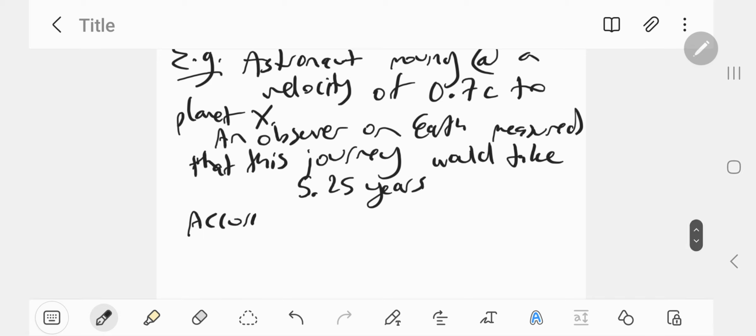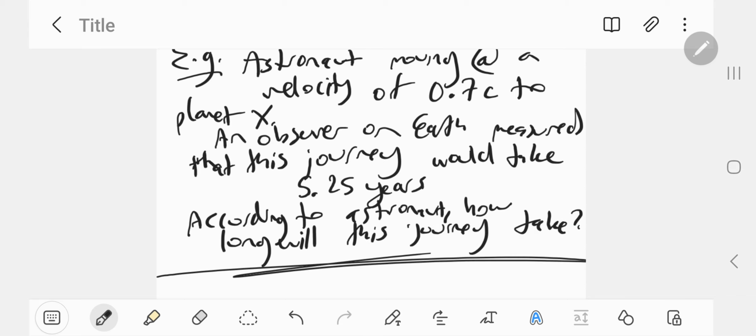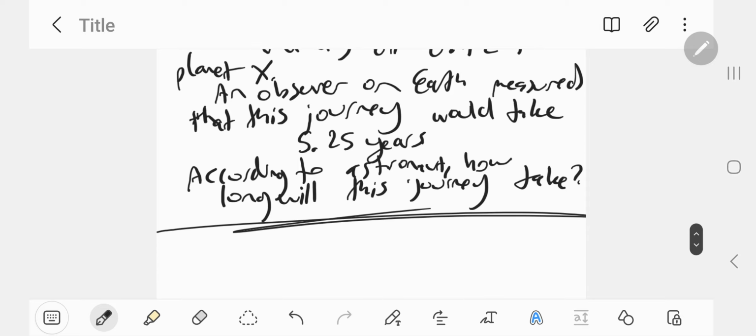Now, according to the astronaut, how long will this journey take? Now, from everyday intuition, you would assume that it'd be the same, 5.25 years. We're going to say that this isn't the case.